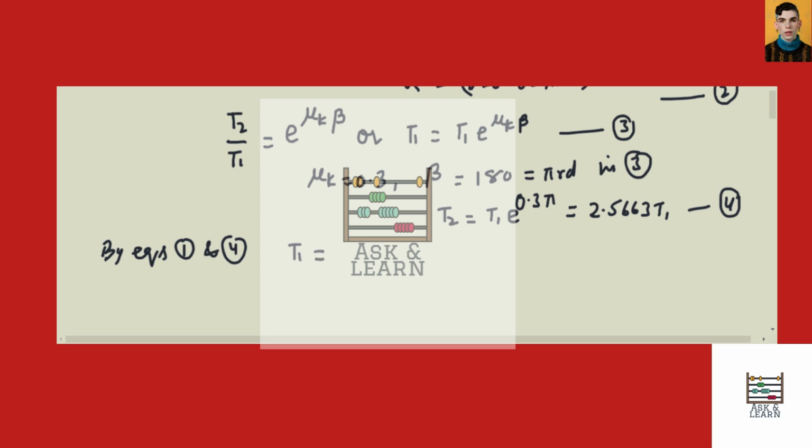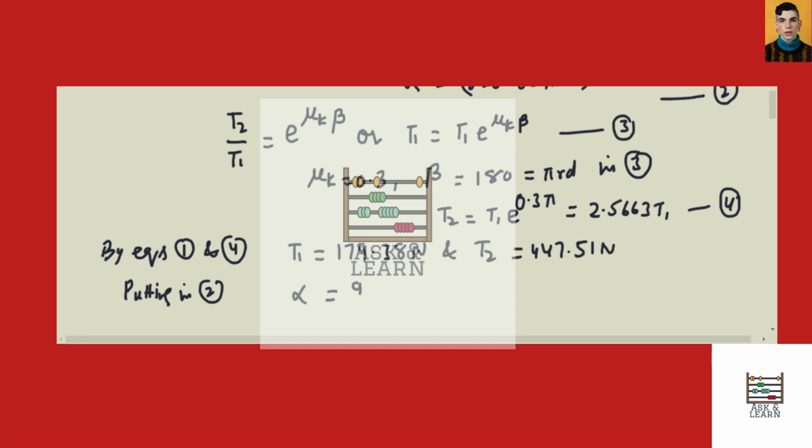T1 is 174.38 Newton and T2 is 447.51 Newton. Putting in equation 2, you will get the angular retardation alpha.